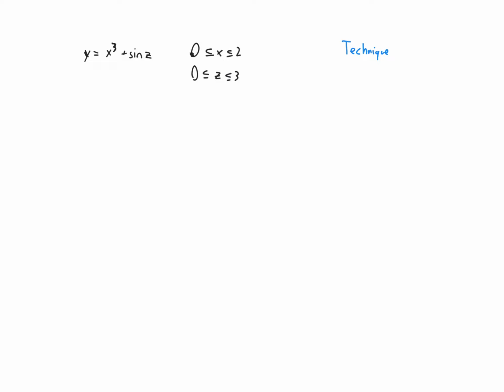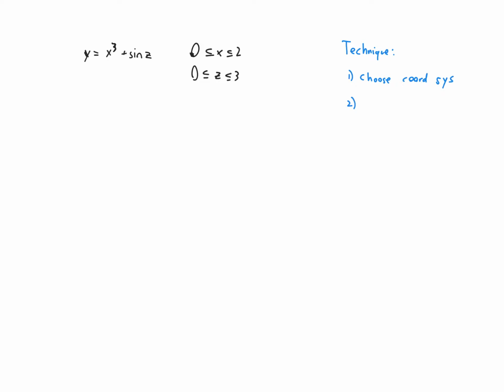So here is one of the examples, and the technique that I like to use is to start by choosing a coordinate system. Here, it doesn't seem to be helpful to change into polar or spherical or cylindrical or anything like that, so I'm just going to stick with Cartesian here.